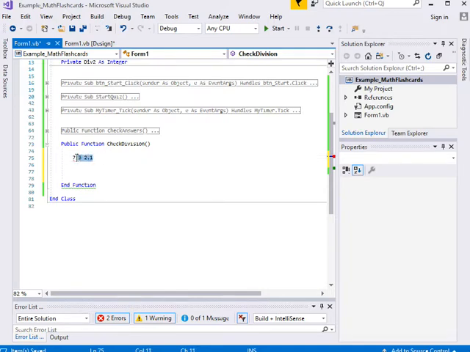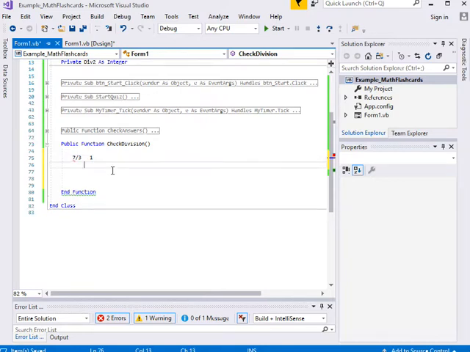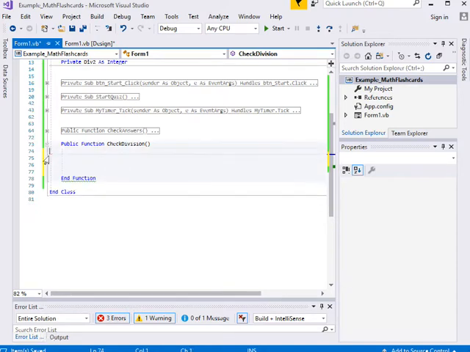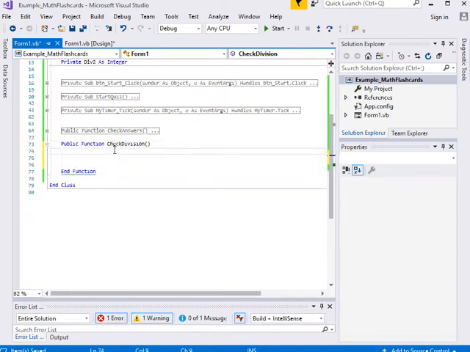It's going to give us the remainder. So 7 divided by 3 is going to equal 1. In the same instance, 6 divided by 3 is going to equal 0, because there is no remainder left over. Modular division is going to give us the remainder. So, we'll need to figure that out.